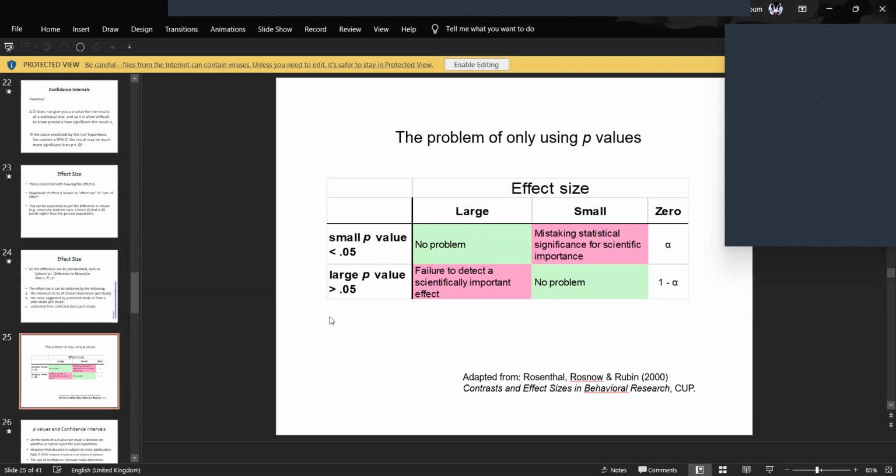And so you can't actually say that the drug works. Okay, so you don't know for sure if it's the drug working. And so here, you might have a drug that does actually work, and you just missed it by chance. All right? And if you have a large p-value and a small effect size, then that's not really an issue because you've just showed that the drug definitely does not work. All right?